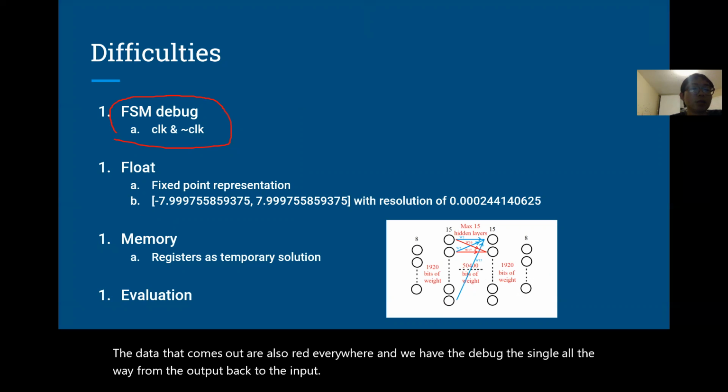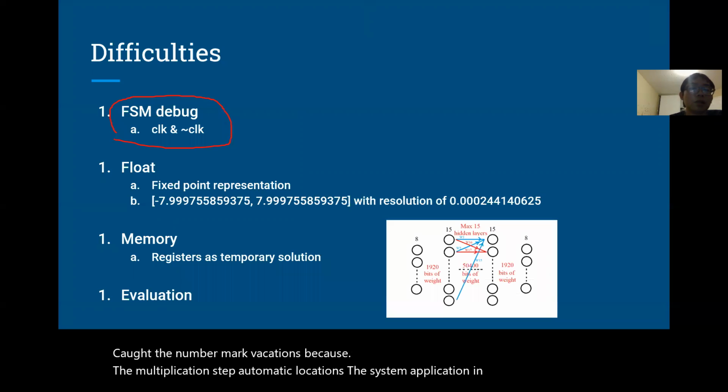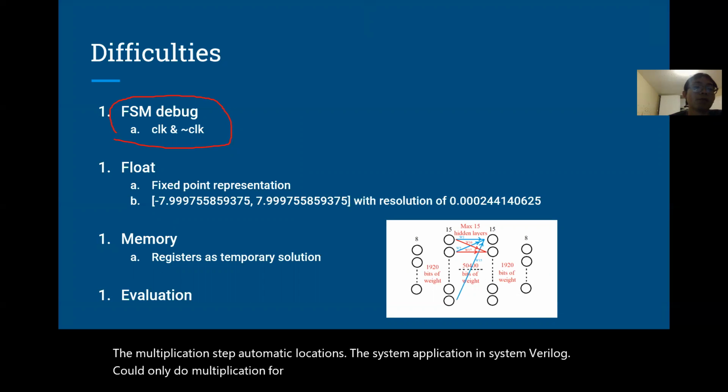And most of the bugs are centered around the data, the number modifications, because the modification in SystemVerilog could only do modification for positive numbers, and we have to figure out a way to calculate negative number modifications.